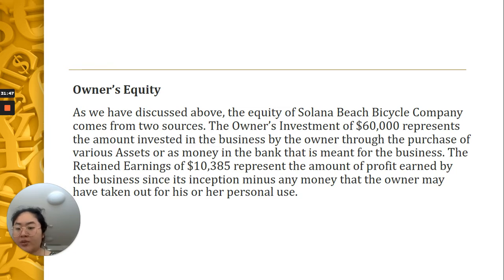Okay. You get it from two sources, and the total owner equity should be 60,000 plus 10,385, so it will be equal to 70,385.